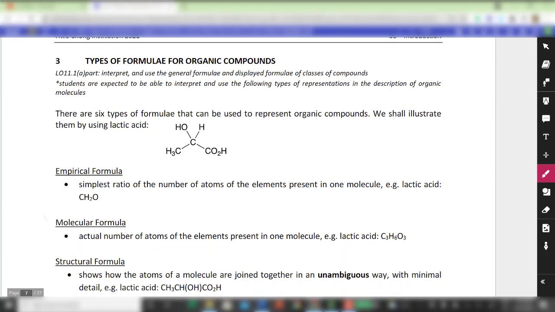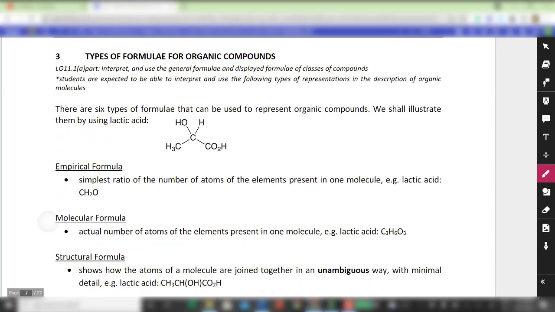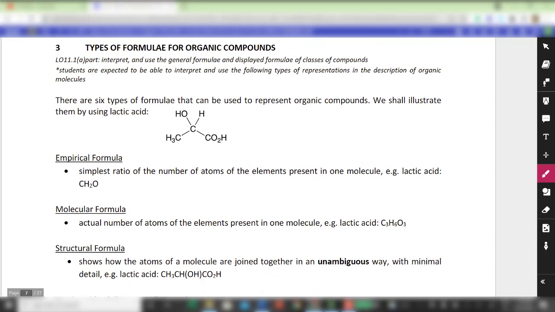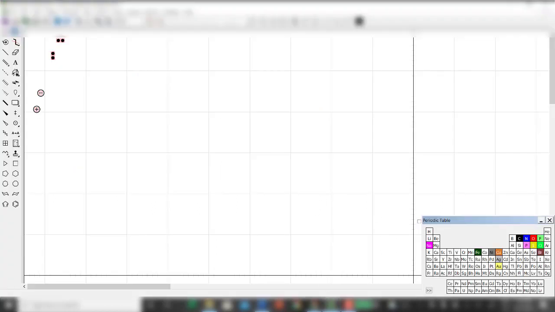Okay. Next, we're going to move on to discuss the types of molecular formula. I thought for the types of molecular formula, it's easier if I use ChemDraw to explain. The first type is something which you might be relatively familiar with, what we call the molecular formula.